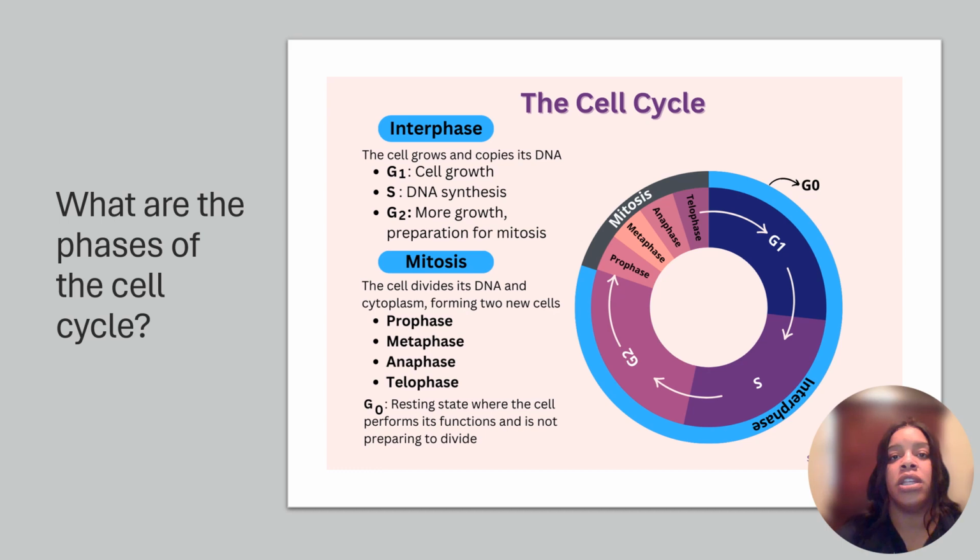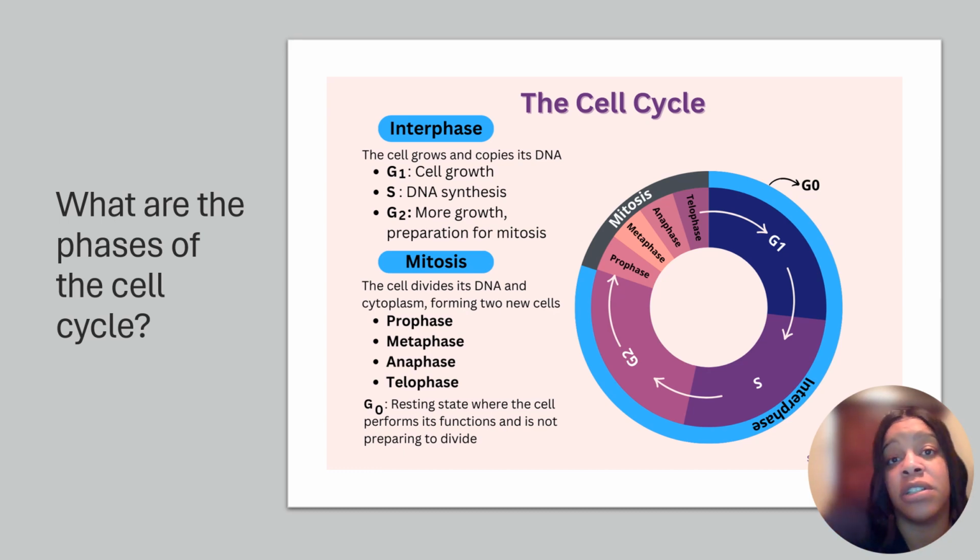So the cell cycle is a highly regulated process that consists of distinct phases, each with specific functions and checkpoints to ensure accurate replication and division of the cell. The cell cycle can be divided into four main phases, which are the phases that we discussed on the image, and that's G1, S, G2, and mitosis. During the G1 phase, the cell grows in size and synthesizes proteins necessary for DNA replication.